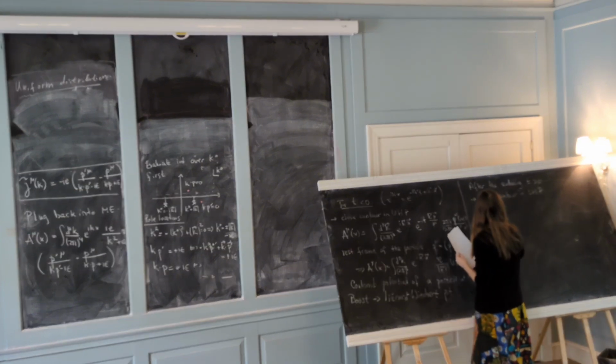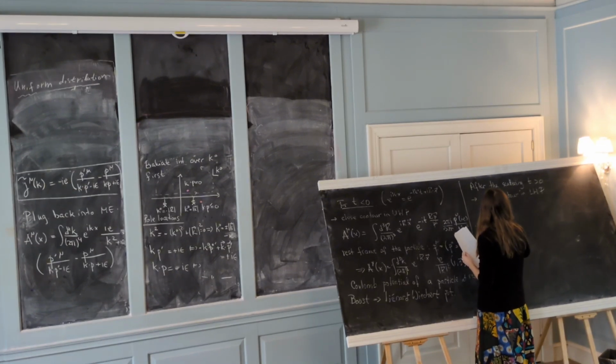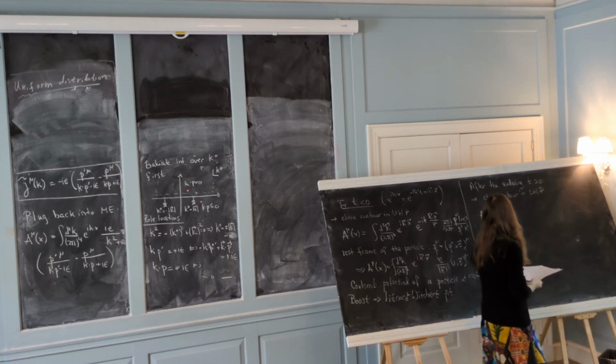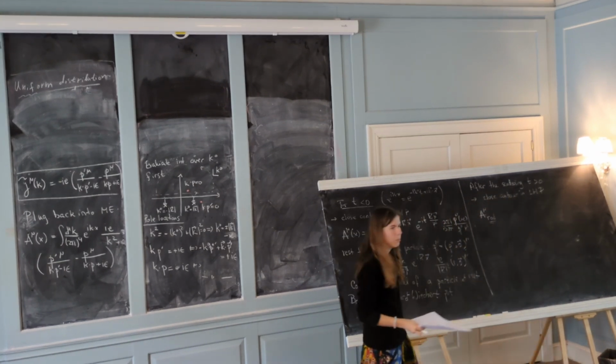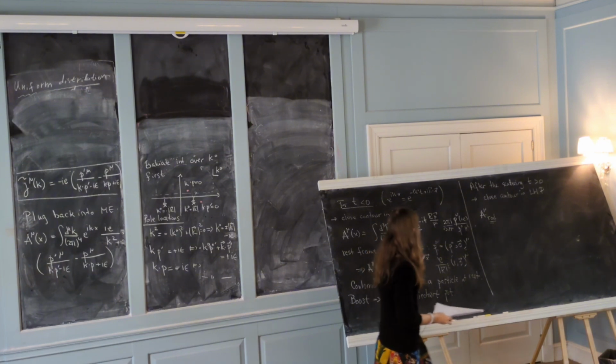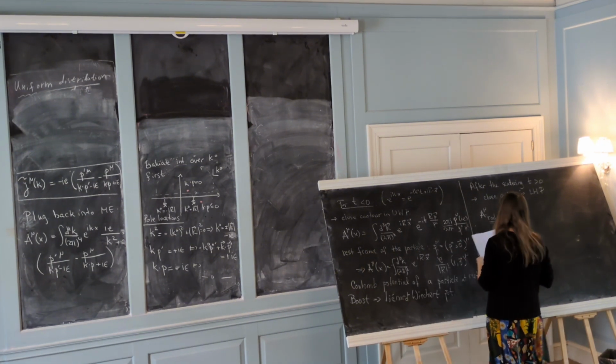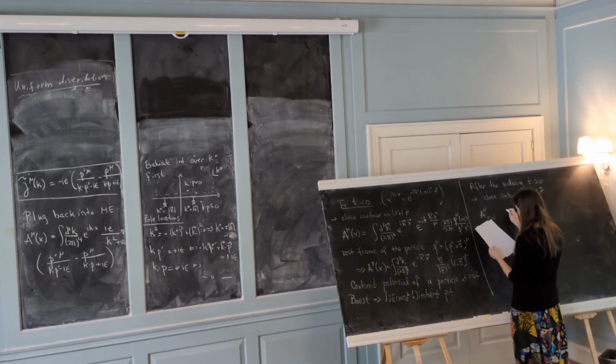So this subscript here means that I'm throwing away the contribution that would be of this form with P going to P prime, and I'm focusing on what comes from the poles in k squared.